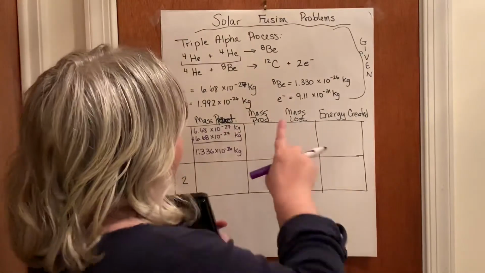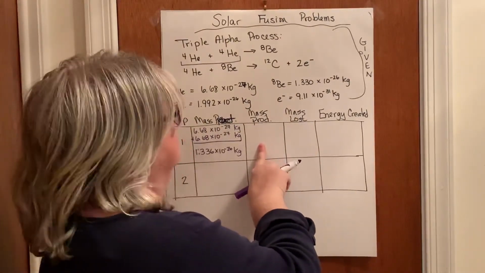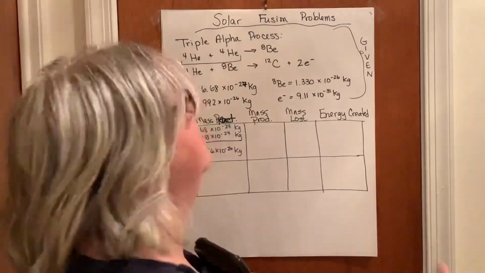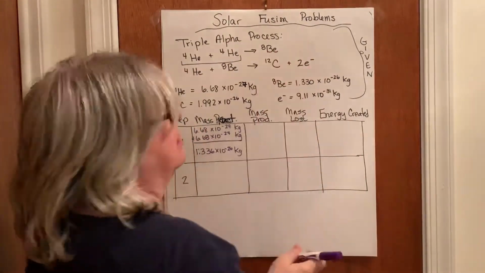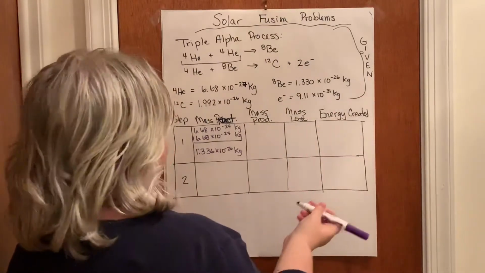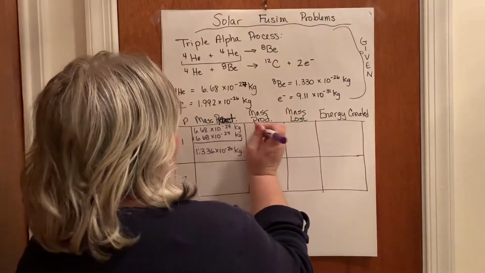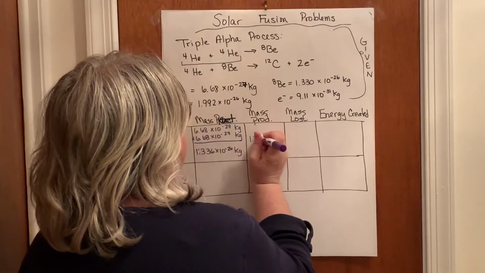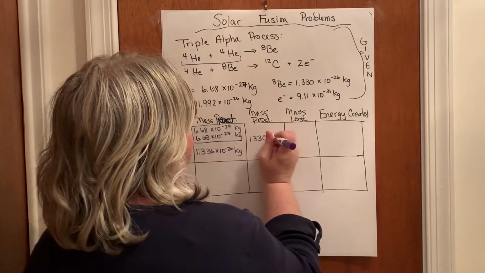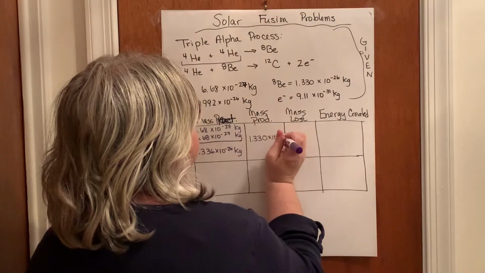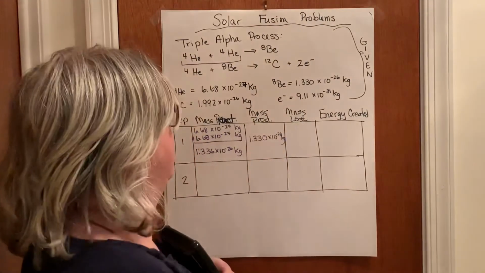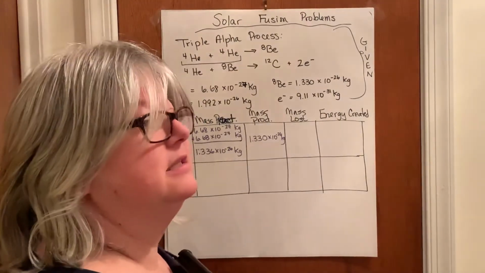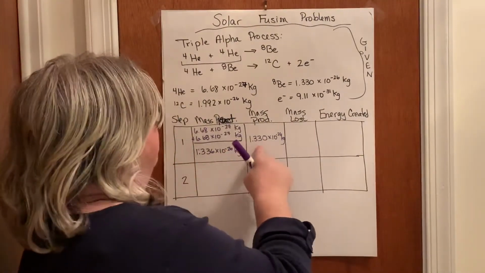I'm now going to compare that to the mass I end with. What I end with is my products. I only have 1 product here, so that's an easy enough mass to figure out. My product mass is 1.330 times 10 to the negative 26 kilograms. So my mass loss is going to be the difference between them.